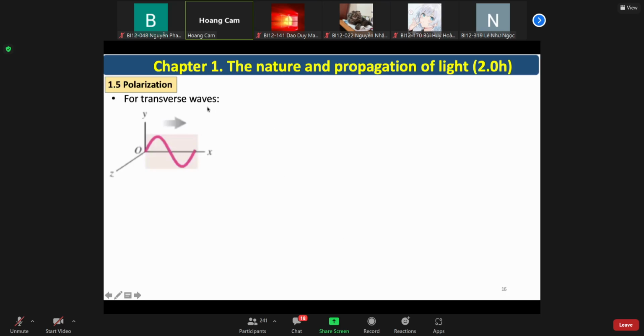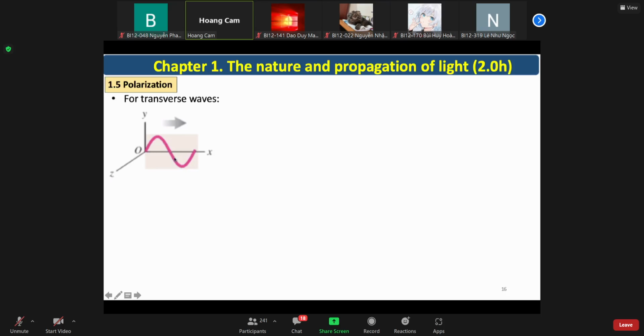So we got the transverse wave here. In this case, for the transverse wave here, this arrow shows the propagation direction of the wave. So it will transmit in this direction, along the X direction. However, we got the red or the purple. Okay, the purple, I think the color is purple. The purple color shows the oscillation direction here.